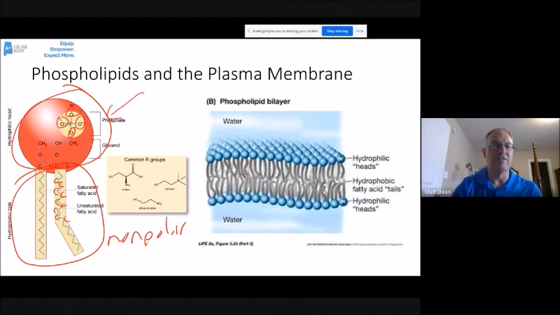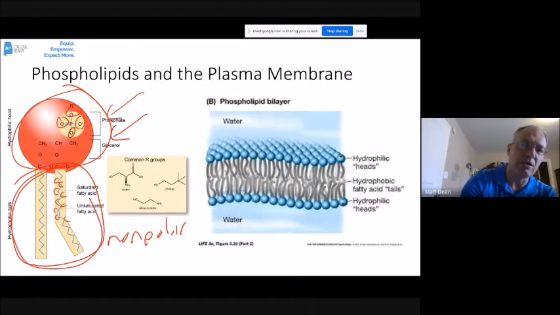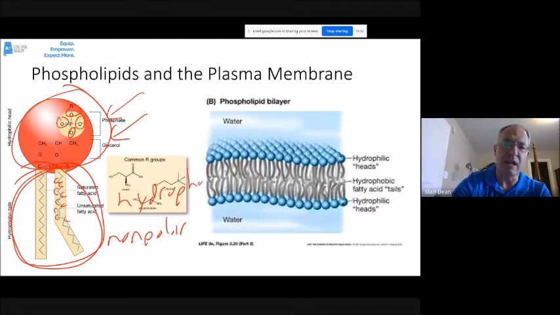So when a bunch of phospholipids are put into water, the phosphate groups, the polar heads, are attracted to water, and the non-polar tails are repelled by the water. They're hydrophobic, whereas the phosphate heads are hydrophilic. They like water, are attracted to water.